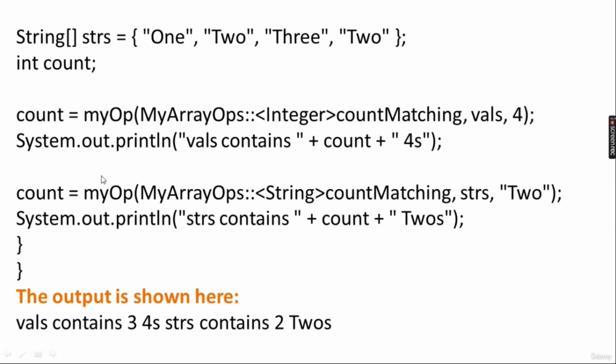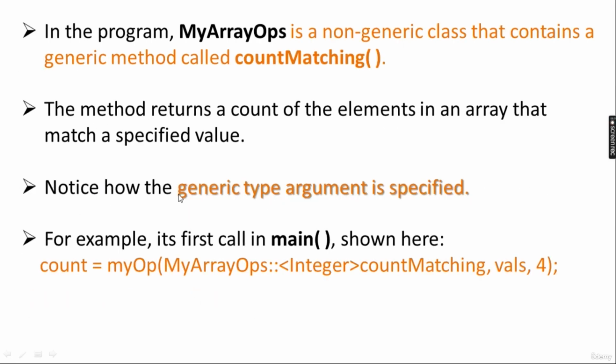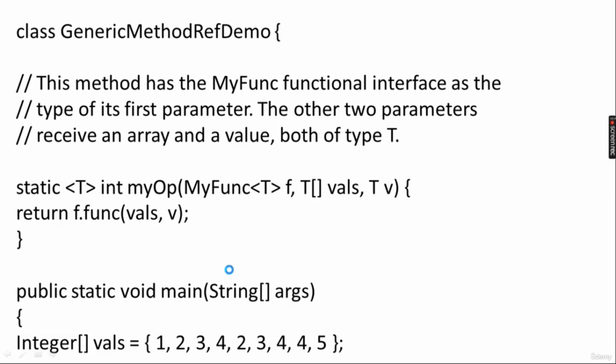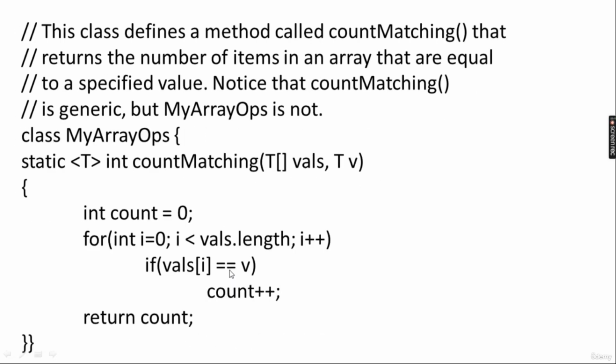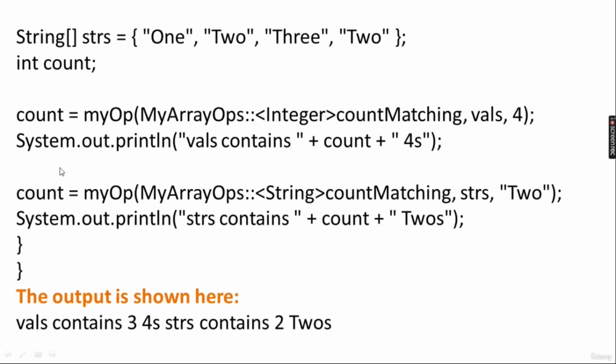Next, how is the generic type argument specified? In the main function, which is a static method, we are calling it without using an object.